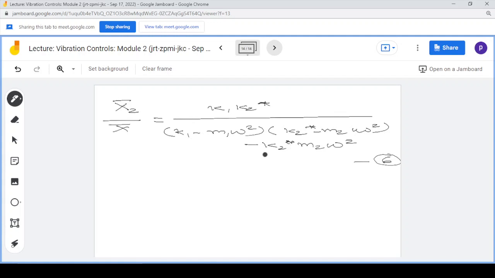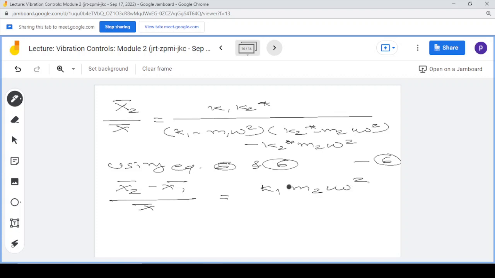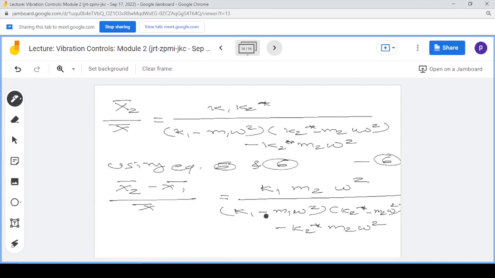So using equations 5 and 6, we obtain x2 bar minus x1 bar by x bar as k1 m2 omega square, and the denominator will be as it is, that is k1 minus m1 omega square into k2 star minus m2 omega square minus k2 star m2 omega square.